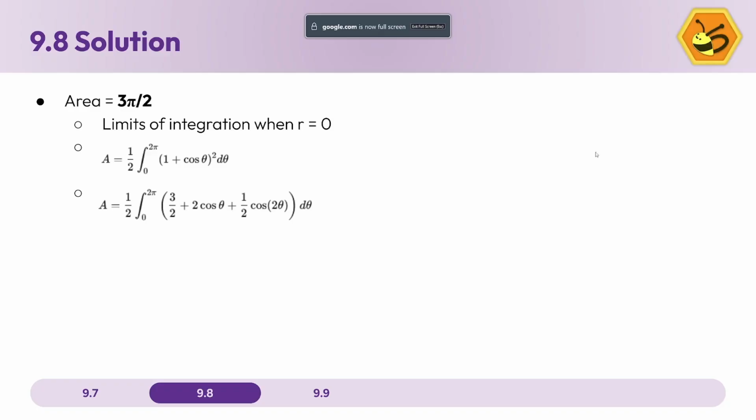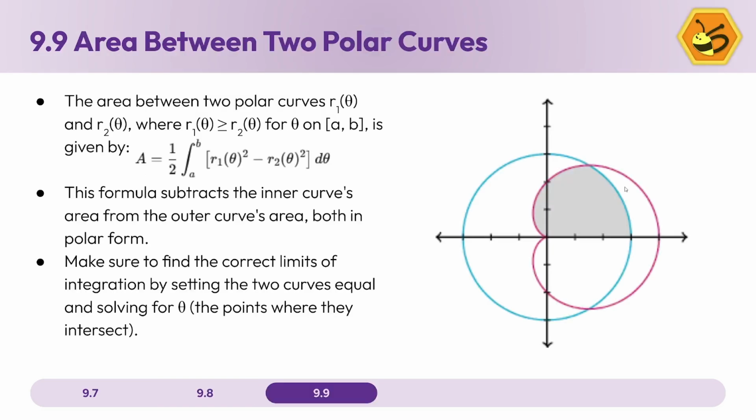Our next topic is using two polar curves, so we're using the same ideas, same formulas. You can see here we're basically just using the area equation twice. If we separated this integral into two separate integrals, we are basically taking the larger area and subtracting the smaller area.